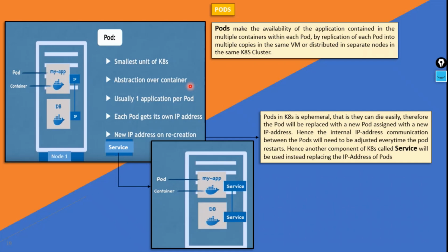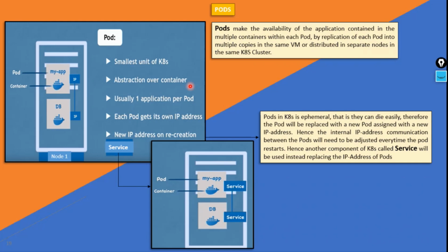That means you put an abstraction layer on top of the container, as if the container is embedded, secured within the pod. And the pod will be the layer which communicates with the container through some mechanism that we are going to discuss.